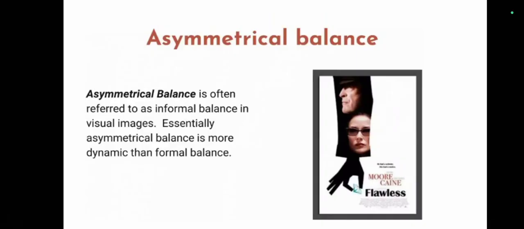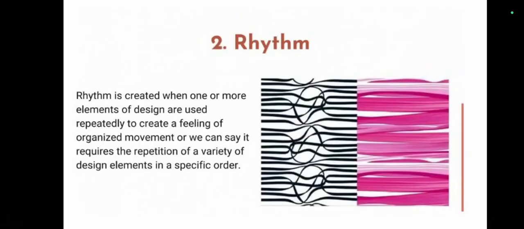Next one is rhythm. Rhythm is created when one or more elements of design are used repeatedly to create a feeling of organized movement, or we can say it requires the repetition of a variety of design elements in a specific order.